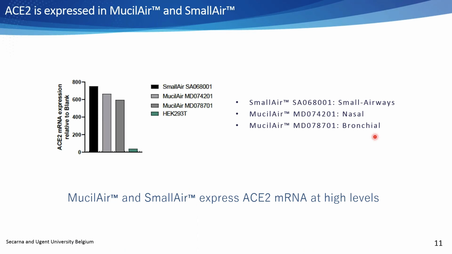And indeed, this was the work done by Sekana and Ugent University, where they have shown that ACE2 is very highly expressed at the mRNA level in the mucociliary nasal, mucociliary bronchial, or in the small airway models. So clearly, this was the first basis that here they are very well present.